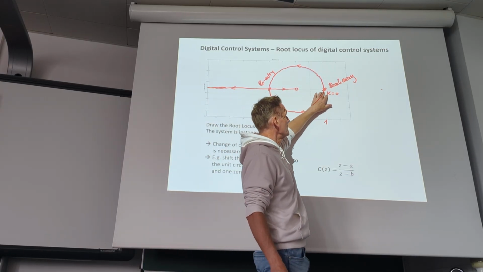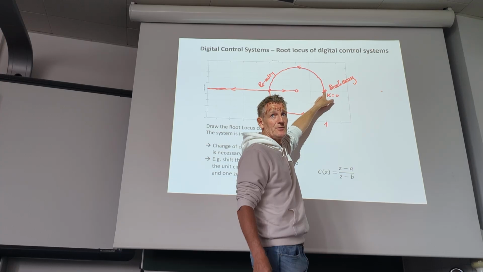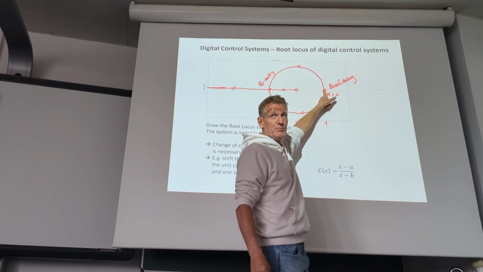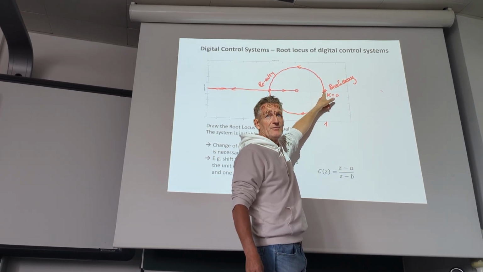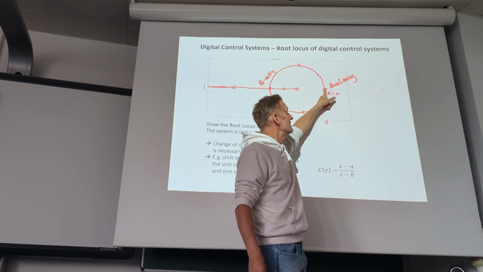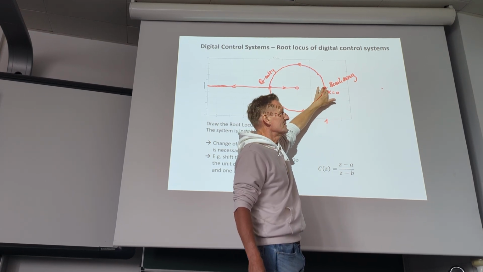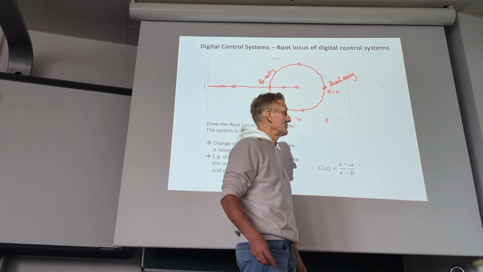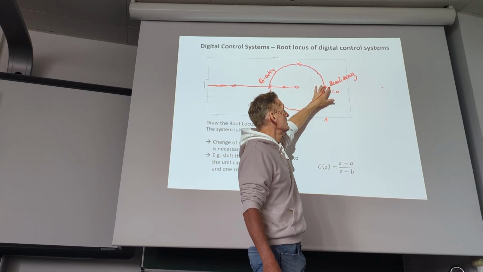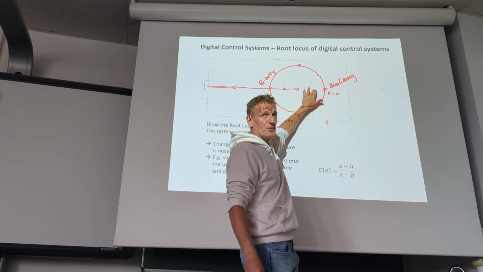And if we do so, for example, we can put 1 zero here on top of the poles. Then we have, instead of 2, we have 3. And that means left of this bunch of 3 poles and zeros, the real axis will become root locus.